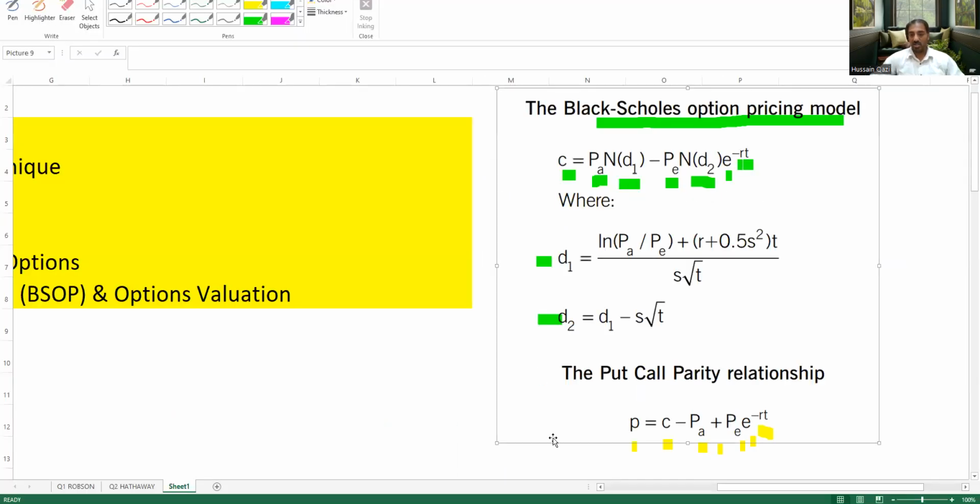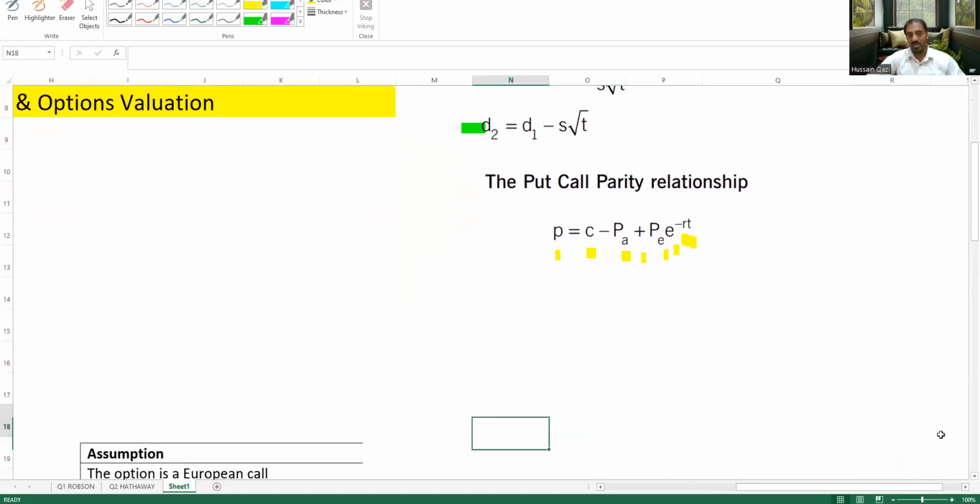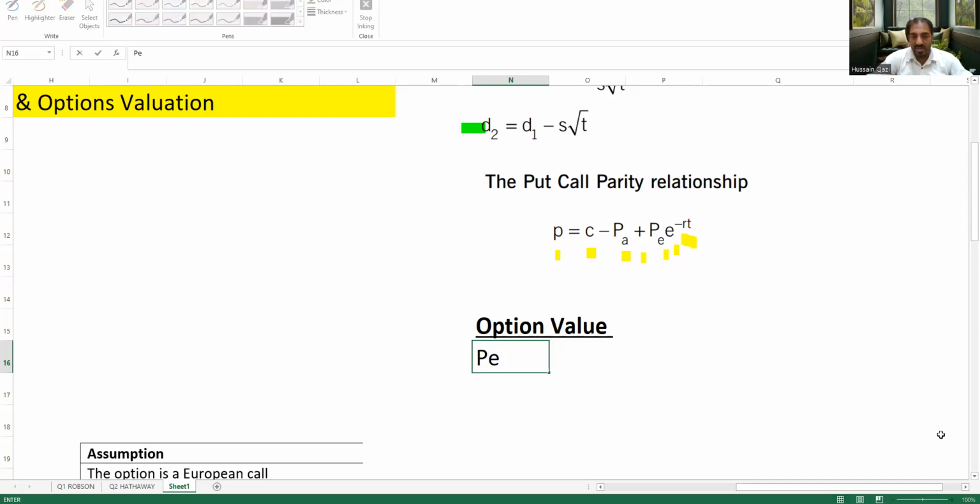But one more thing you have to be aware of, one important thing I strongly suggest for the calculation. If you are calculating the option value, by default the formula gives the value now. So there are two important components. PA, that is market value of share.